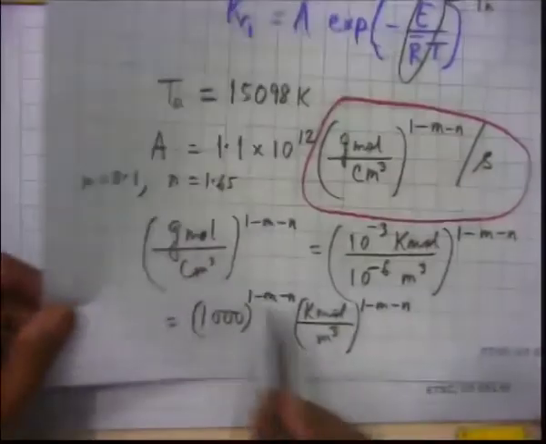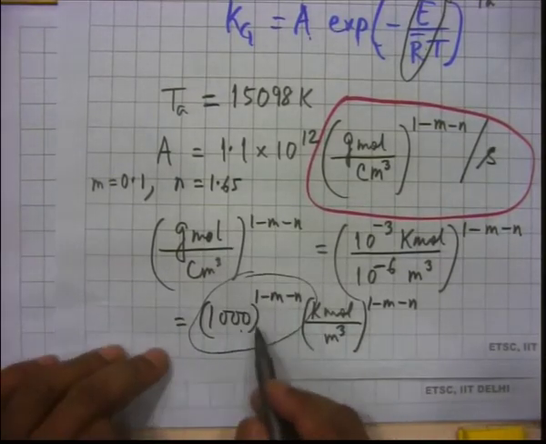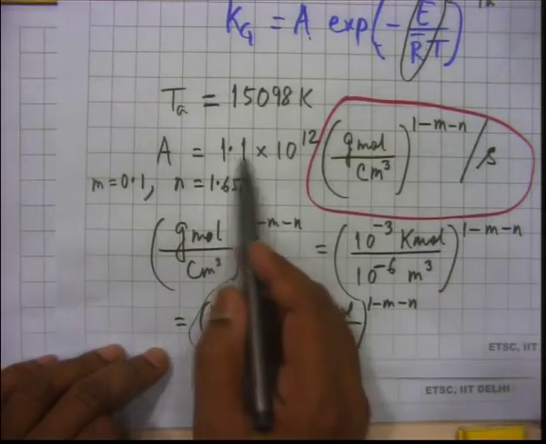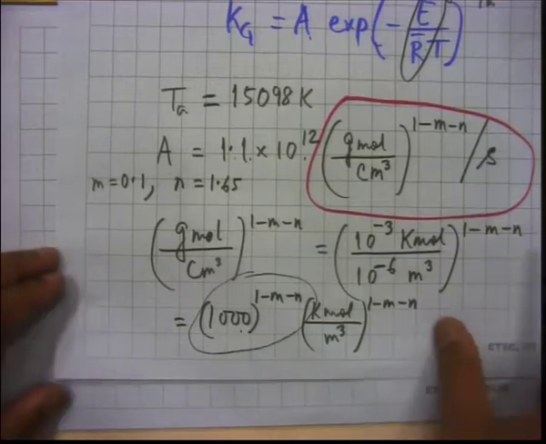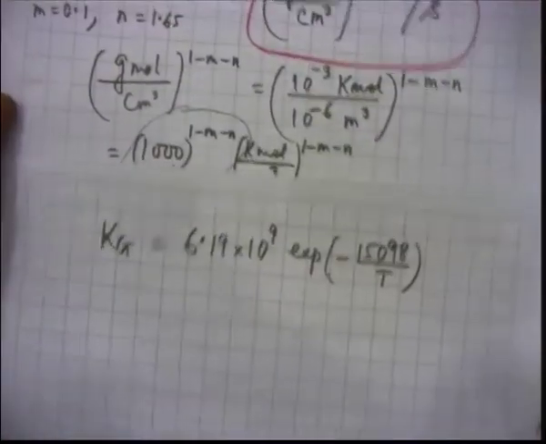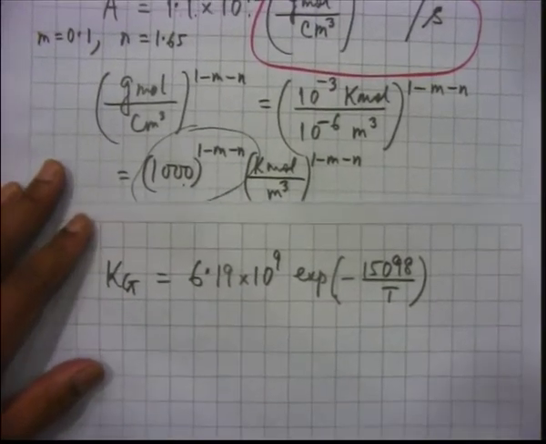That is from this contribution, because this and 1.1 times 10 to the power 12 together will give you that 6.19 times 10 to the power 9. Okay. Are you comfortable with this, or do you want to check this out quickly? If you have a calculator, do you want to check this out?